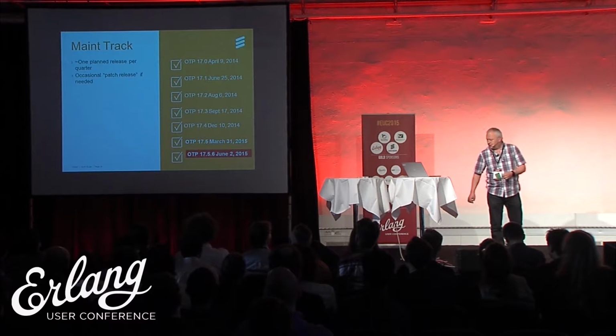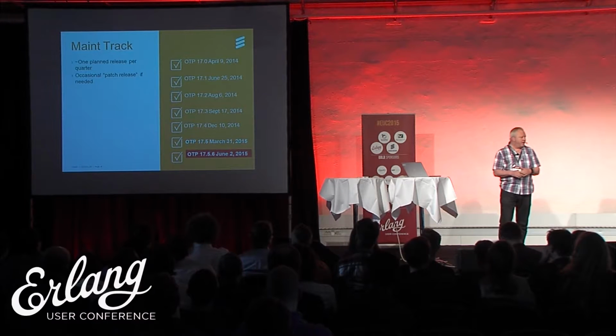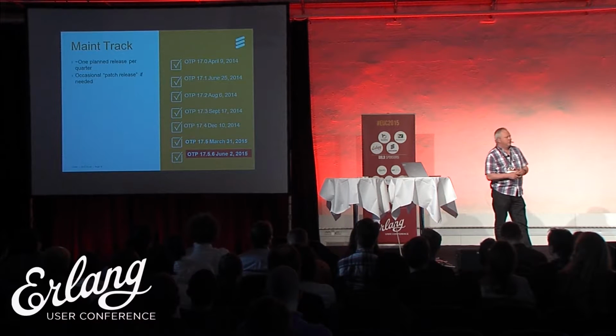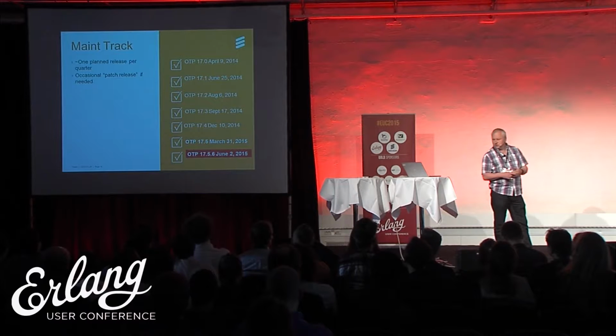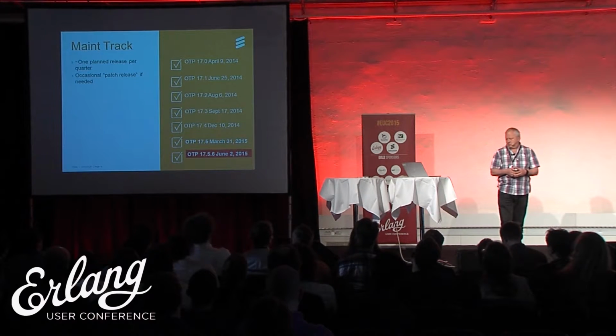Regarding the releases we have, today we have the OTP 17 track, and we usually plan one release per quarter. But occasionally we have to do patch releases earlier than planned.